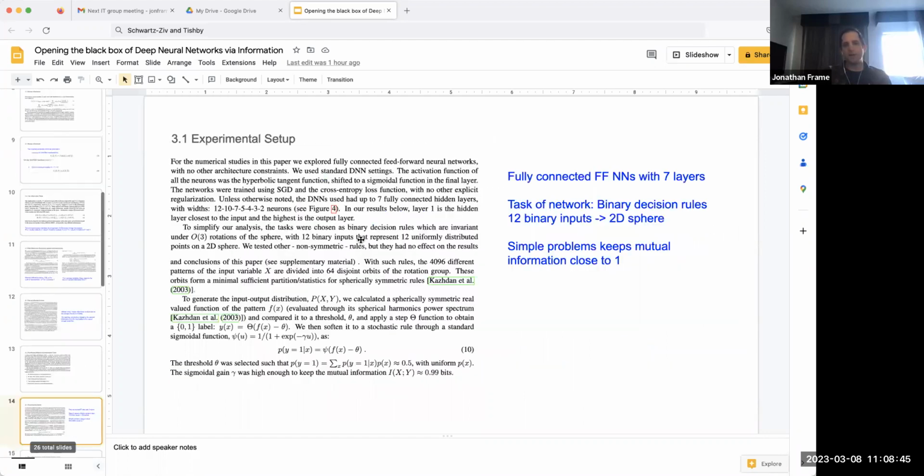It could be the case that it's actually highly likely that you don't need a neural network to do this mapping from these 12 binary inputs to points on a 2D sphere, that there's a simple function that will do this, except for maybe the added noise that they use.